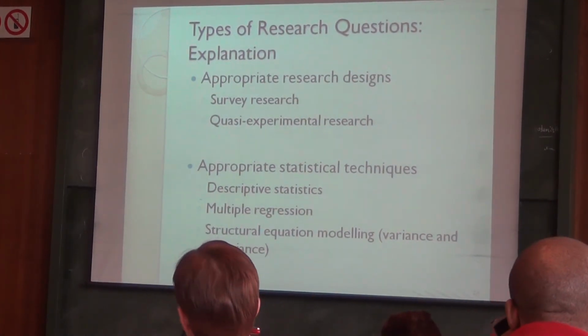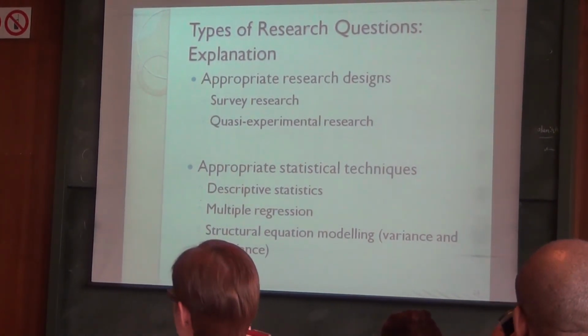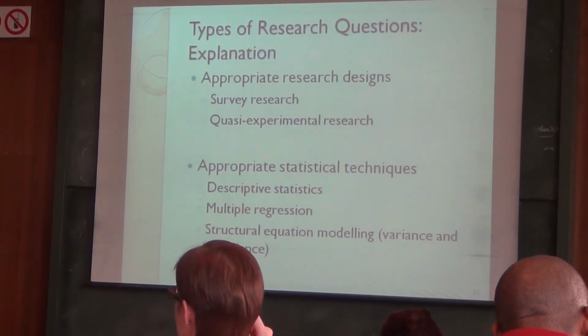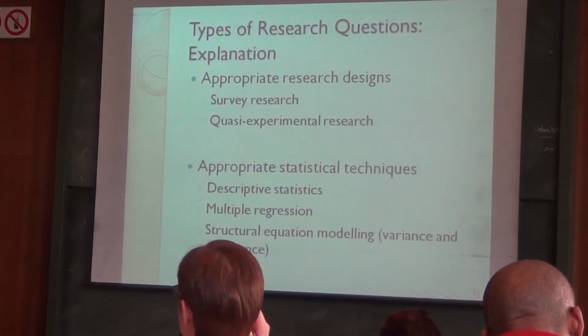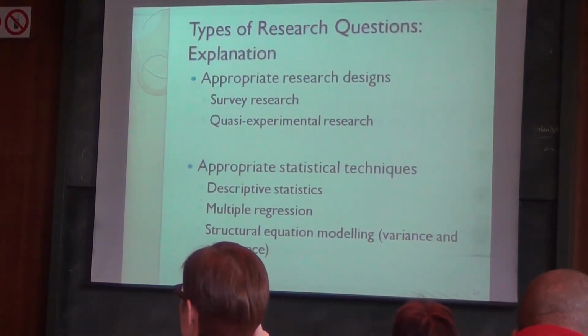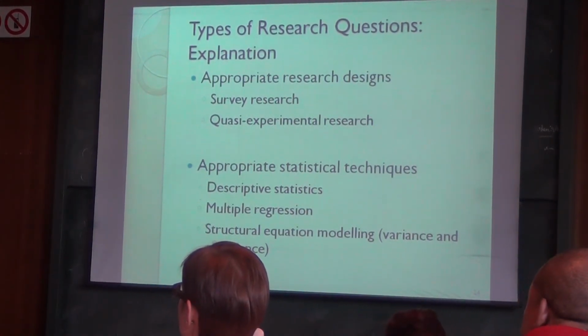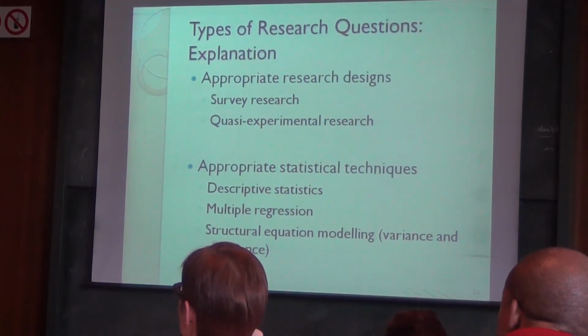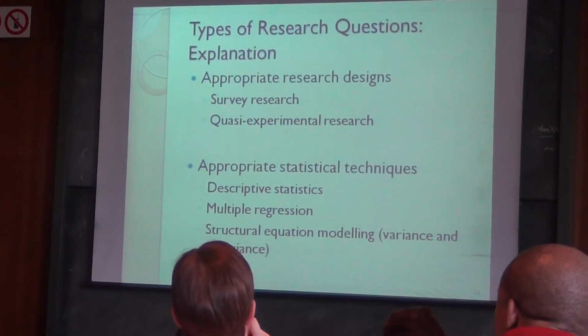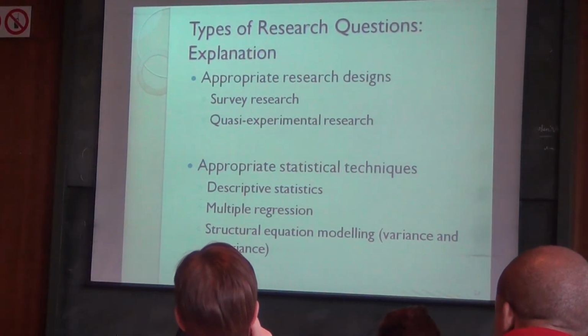The nice thing about structural equation modeling is you literally test the picture. So you draw your picture or your diagram, collect the data, and we test the accuracy of that picture. Unfortunately, I've removed that slide. That's really useful. So you explain why something is happening.